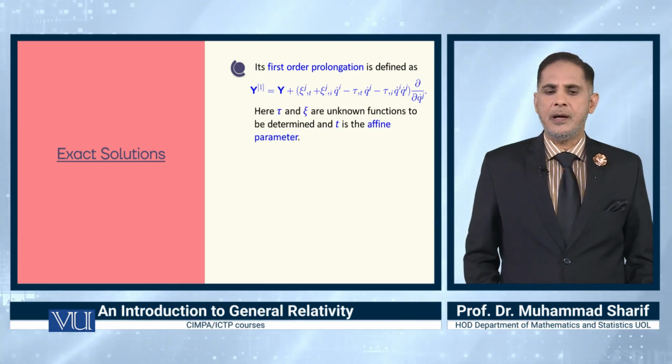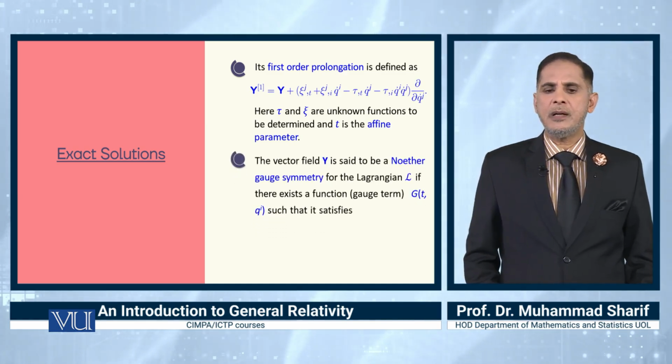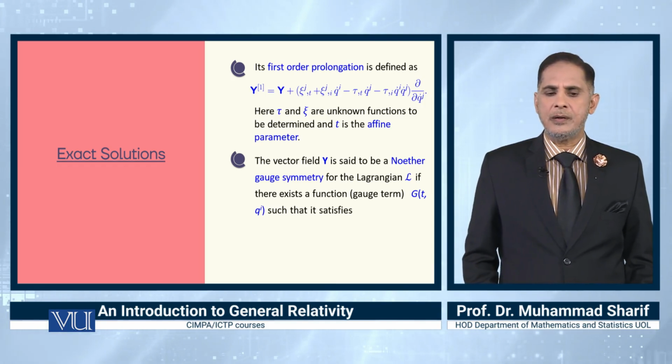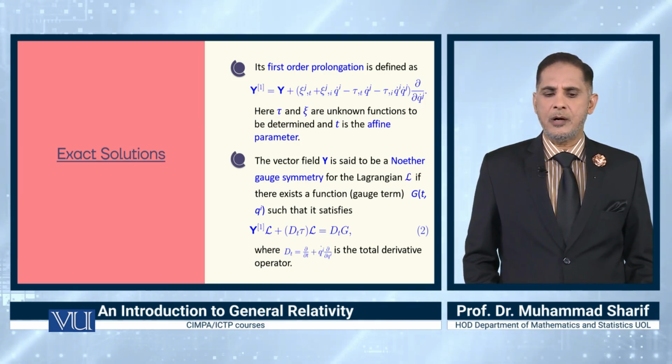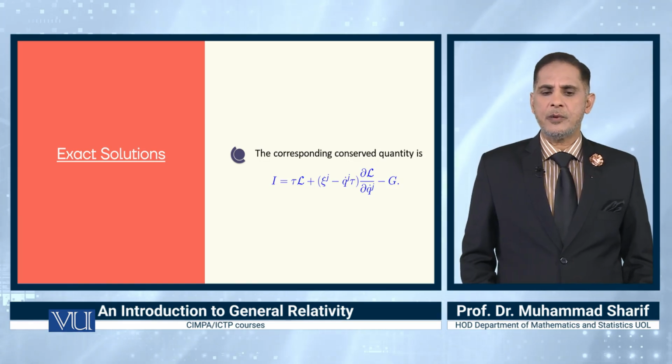Here obviously tau and xi are unknown functions that need to be determined, and t is the affine parameter. So, this vector field is said to be a Noether gauge symmetry for the Lagrangian if there exists a function g which depends upon t and generalized coordinate such that it satisfies this equation number 2. Here D is the total derivative operator which is defined here. So, the corresponding conserved quantity is defined by this expression.